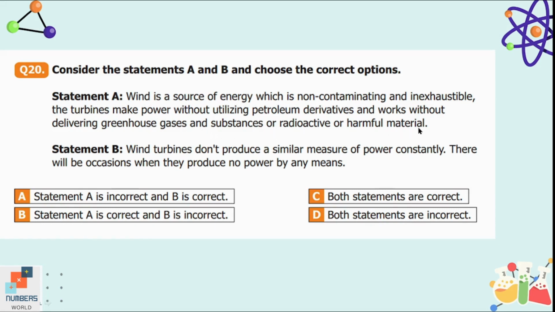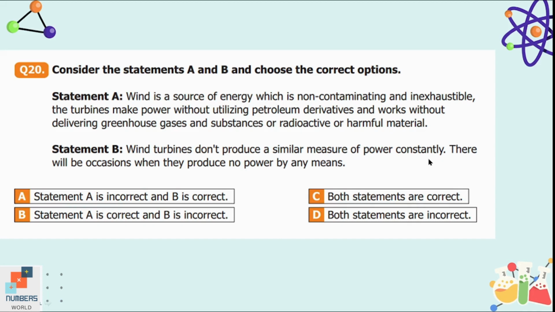So statement A is the correct statement because wind is a natural resource and it creates electricity without creating air pollution or harming the planet Earth. Because it's not using any sort of fuel or petroleum derivatives. Now statement B is wind turbines do not produce a similar measure of power constantly.